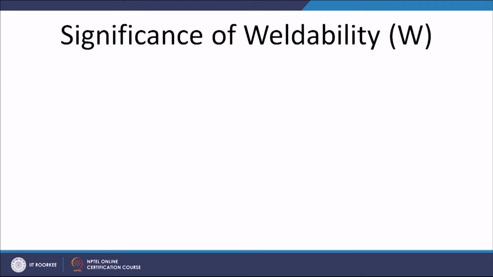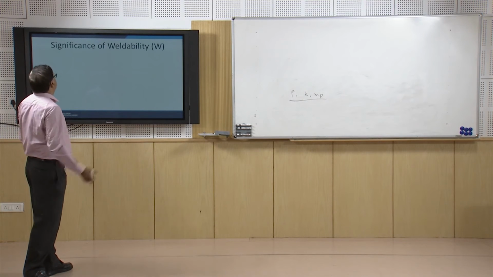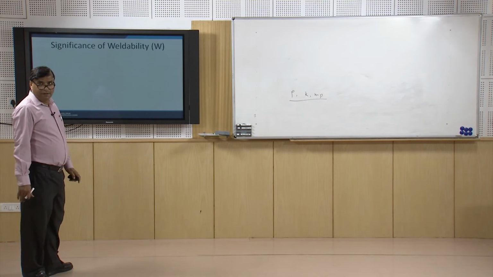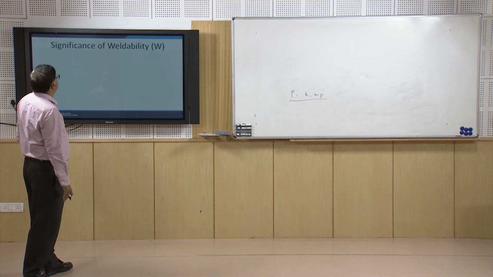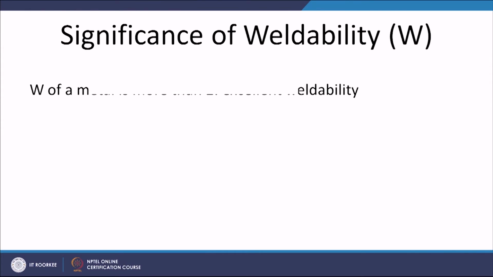When these thermal and physical properties of the material are used for calculating the ease of welding by spot welding, we will be able to know how much value of W, that is the weldability, we are getting.